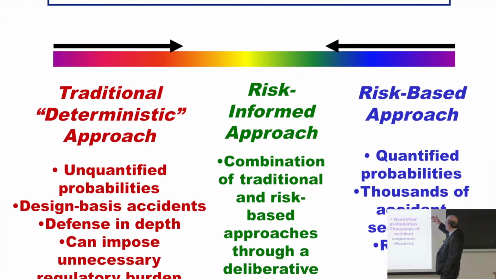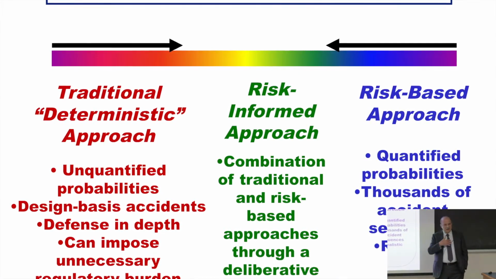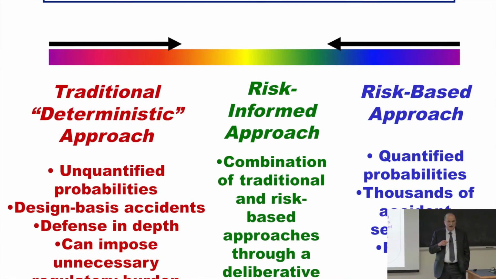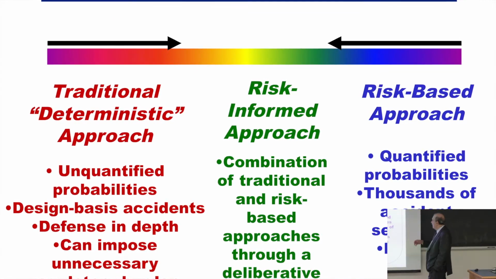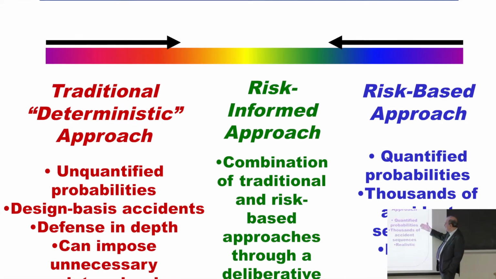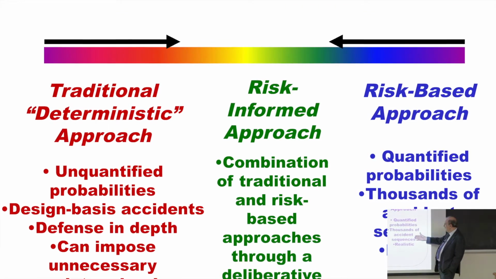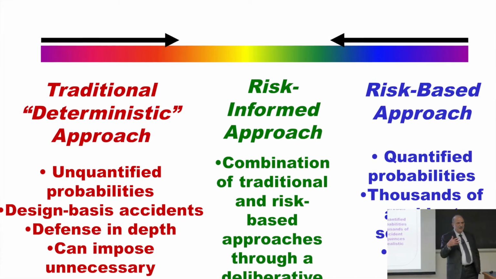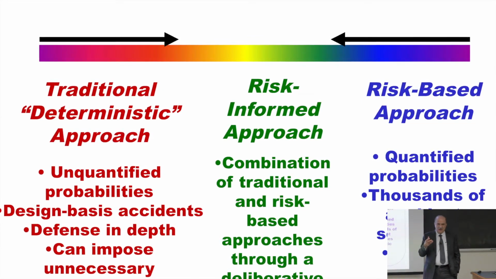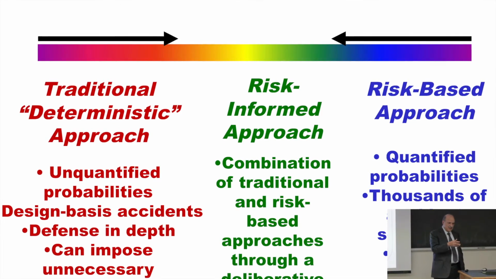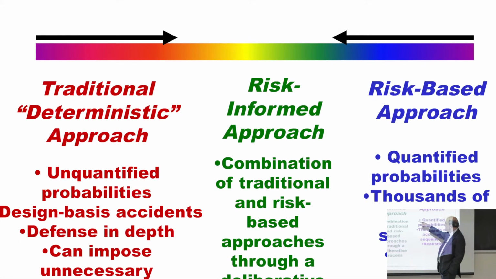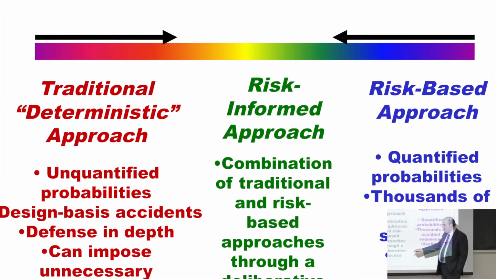In a purely risk-based approach, your decisions would be based exclusively on the results of PRA, and we don't want that either. We quantified probabilities, we look at thousands of accident sequences. It's more realistic, but people will feel much better if we also have deterministic requirements and so on. So the risk-informed approach combines the two through a deliberative process.